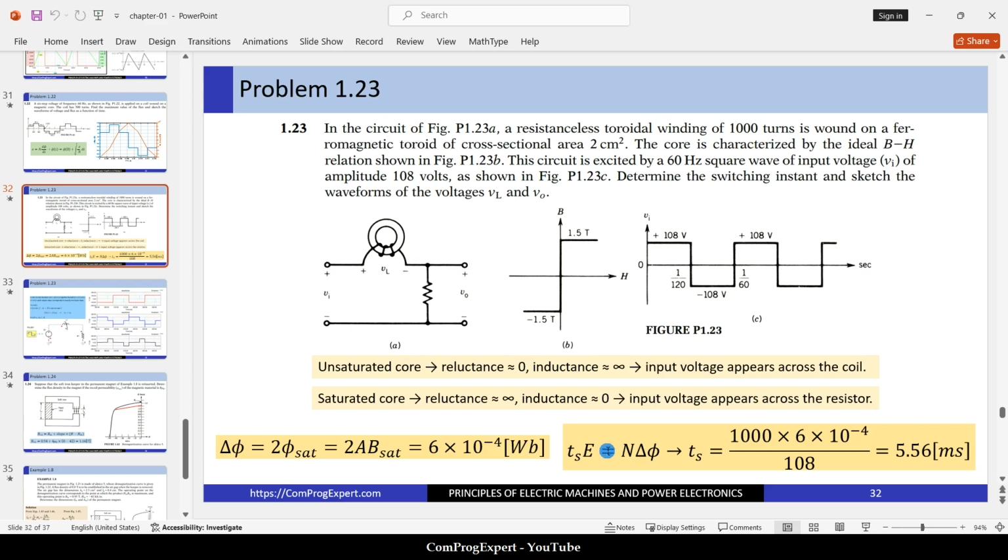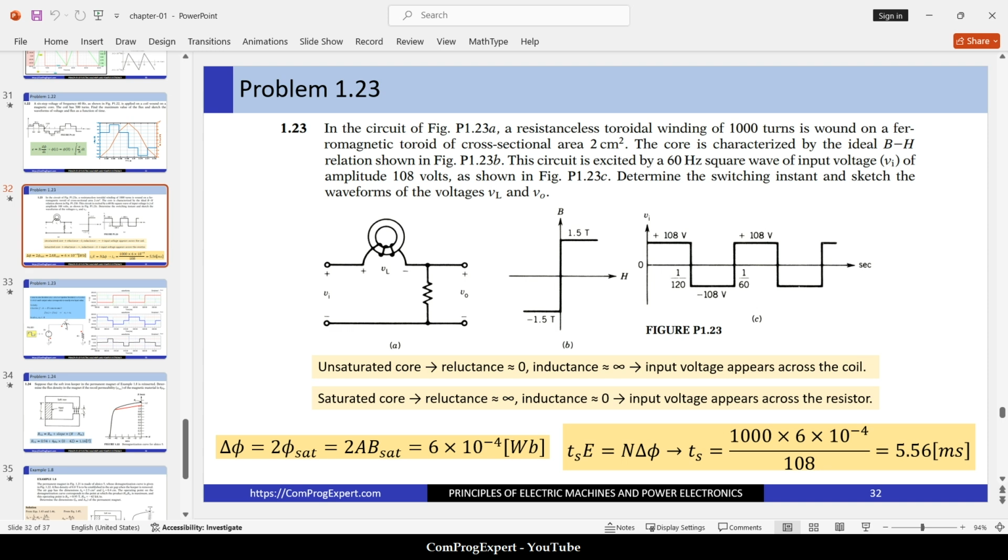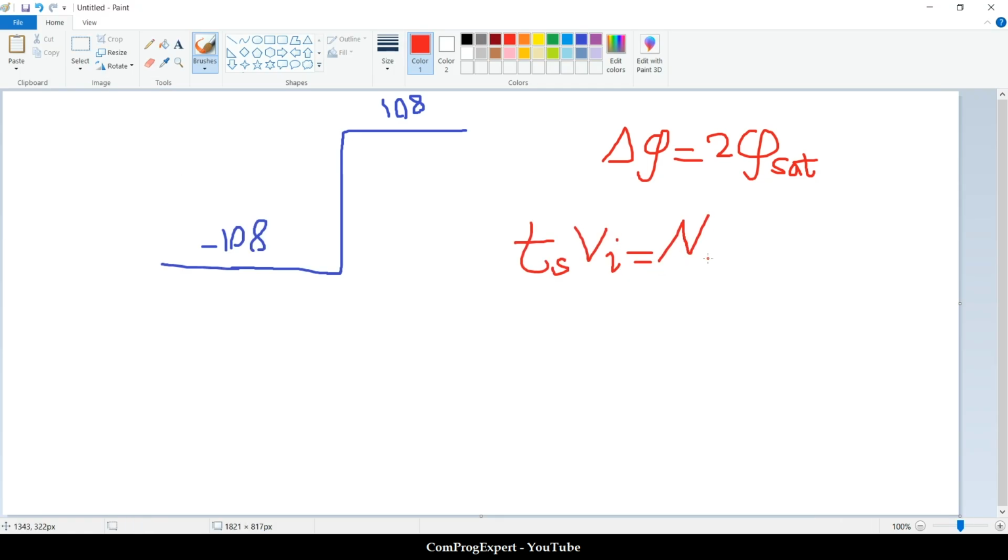And this is the equation derived by the integral that we wrote. So T, the switching time, times the input voltage, Vi, is equal to N delta phi.